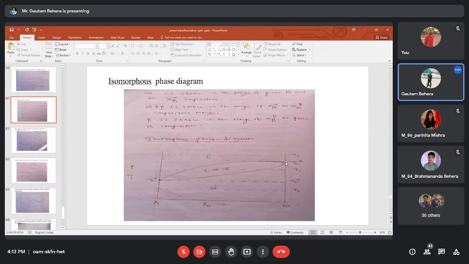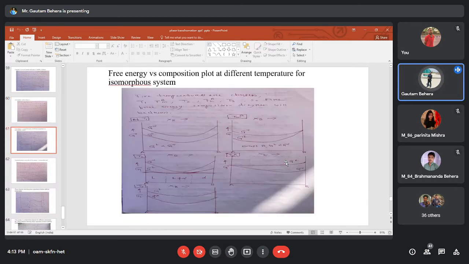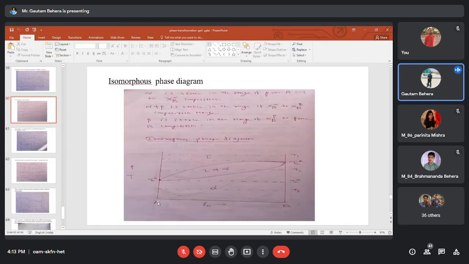So that's why if you want to draw the free energy versus composition curve, the curve will be like this. Suppose you start from this end to this end. At this end, which one is stable? Liquid is stable, right? You are going like this. At this point also liquid is stable, at this point liquid is stable. Up to point B, just before point B, liquid is the stable phase.